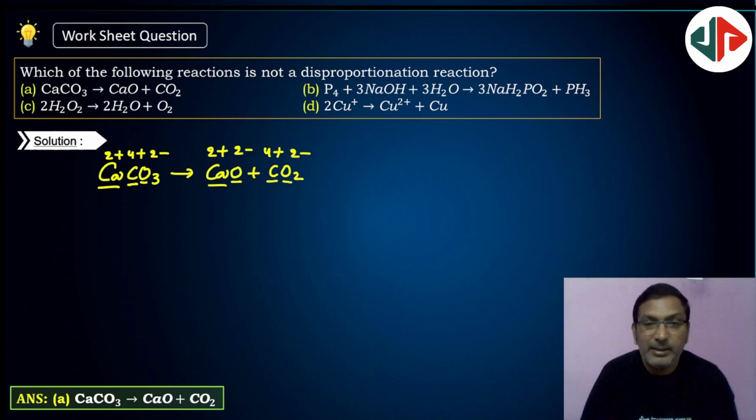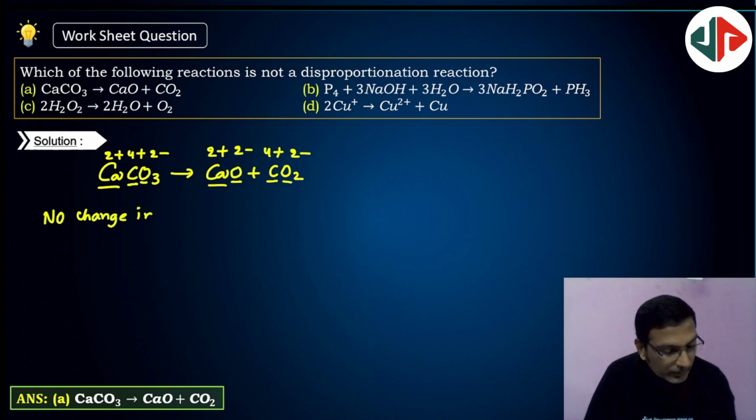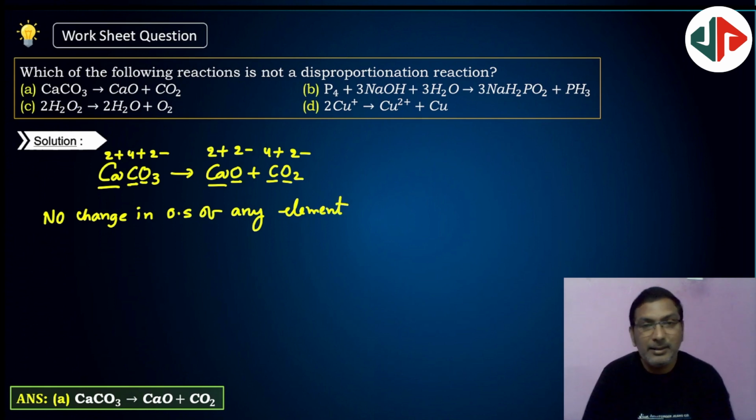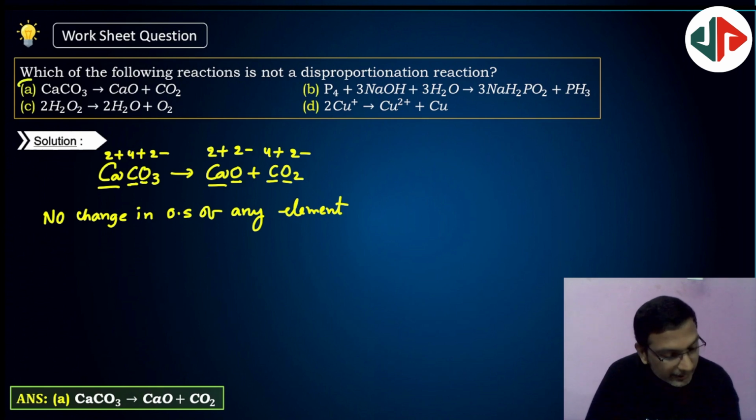So therefore there is no change in oxidation state of any element. Therefore not redox, not disproportionation. Therefore option A. In remaining cases, one element will be oxidized and reduced simultaneously. One element or one substance.